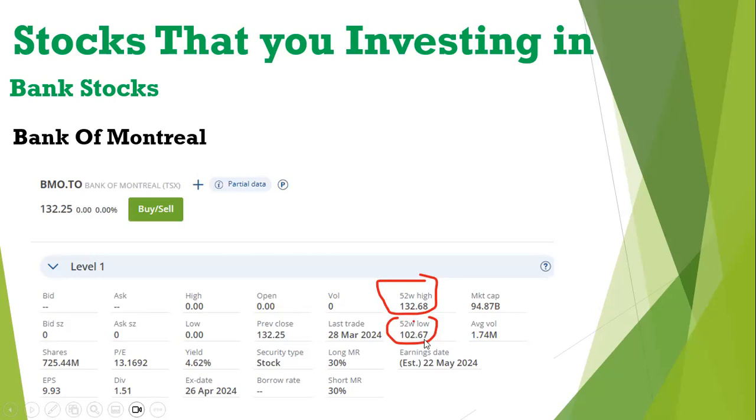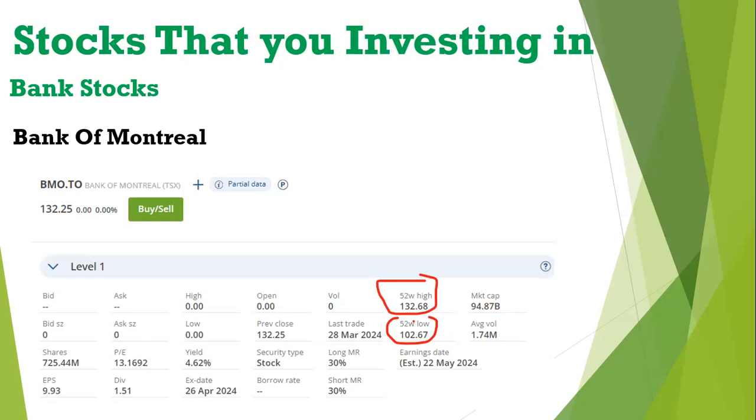At this point, you would be making a profit of $30 per share. If you had maybe 50 shares, how much have you made already? 50 shares times 30 is like $1,500 in profits. So it's really good.